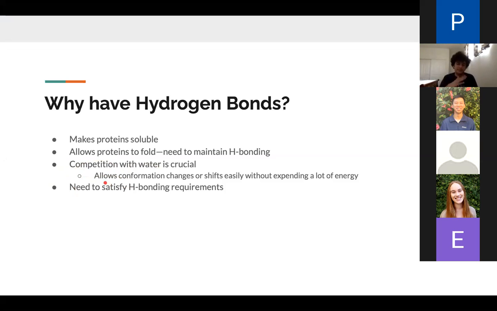Because those hydrogen bonds can break really easily, it allows the protein conformation to shift a lot easier. You don't need that big of an input of energy. So let's say you have an inhibitor binding and that shifts the protein conformation. That's why that's really important, so all those biological systems with enhancers, inhibitors, etc., can function.